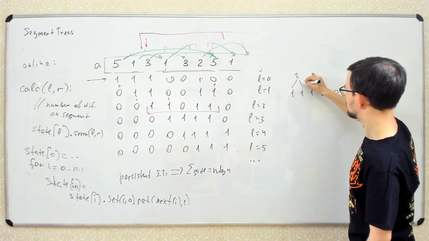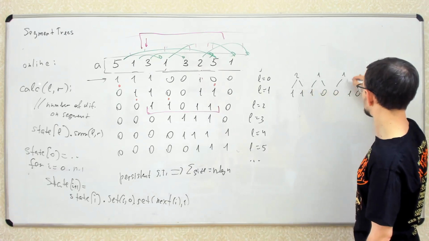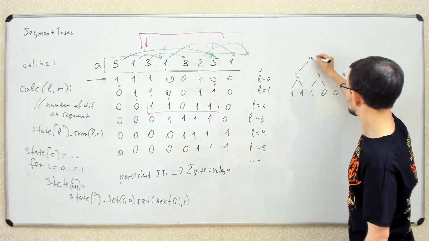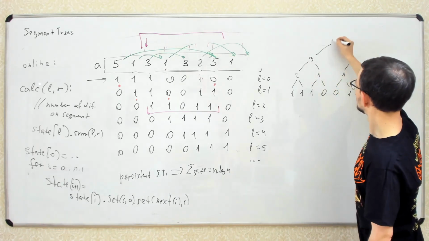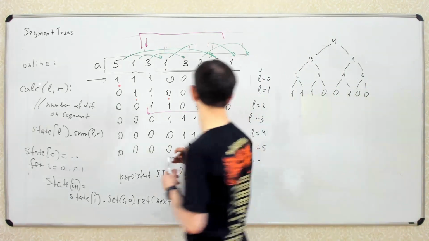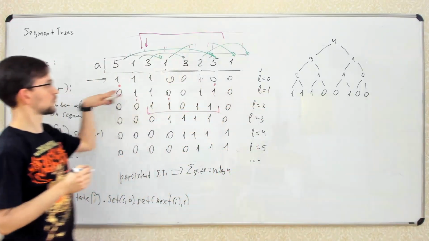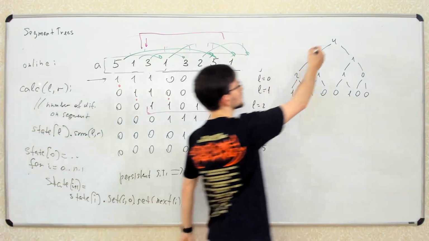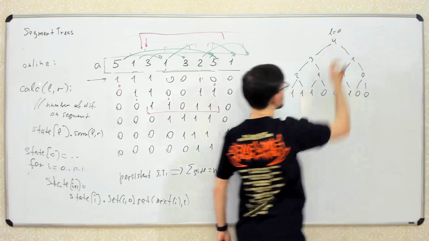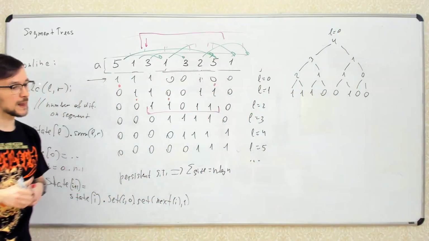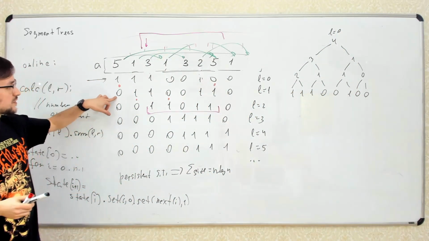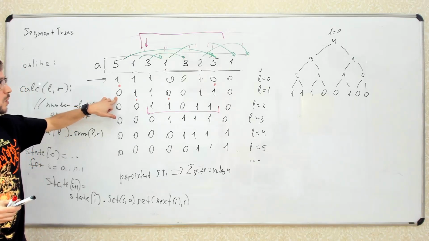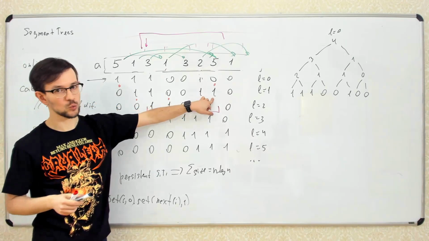So I build this segment tree for the sum. This is the segment tree for this first state. So this is for L equal to 0, I have this segment tree. Now I need to change this element to 0 and this element to 1.